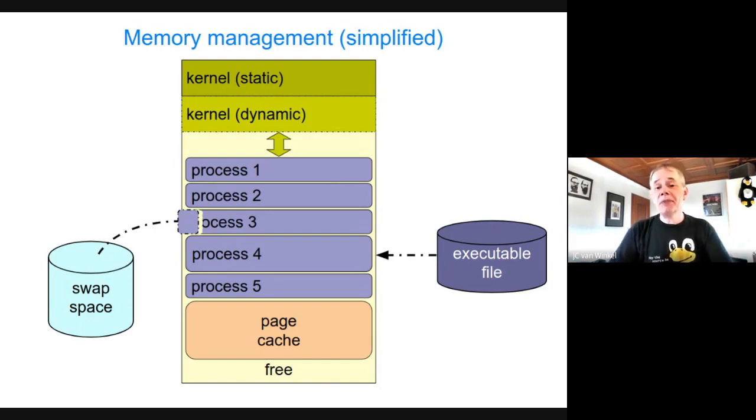And if a program then references that page that is currently no longer in memory, the free space is searched for an empty page, and then the relevant page is loaded back from the swap space. This is a normal process.